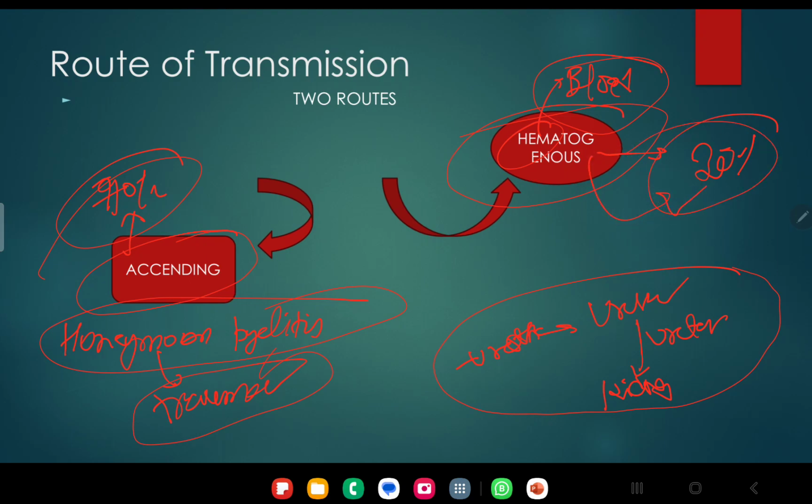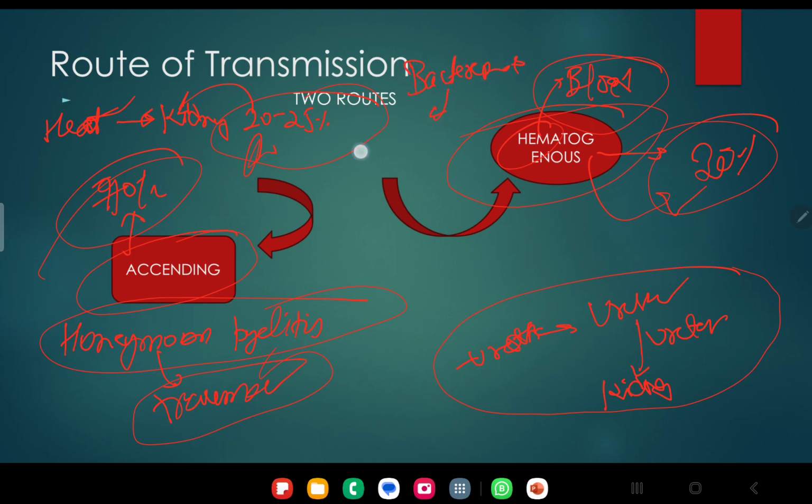How does the hematogenous route cause infection? We know our heart pumps blood, and it reaches the kidney. Around 20 to 25% of the blood pumped by the heart reaches our kidneys, and if bacteria are present in our bloodstream, then through the flowing blood they can easily reach the kidney and cause primary bacteremia.